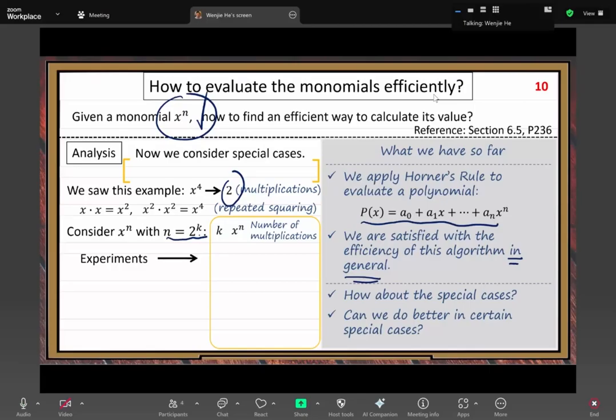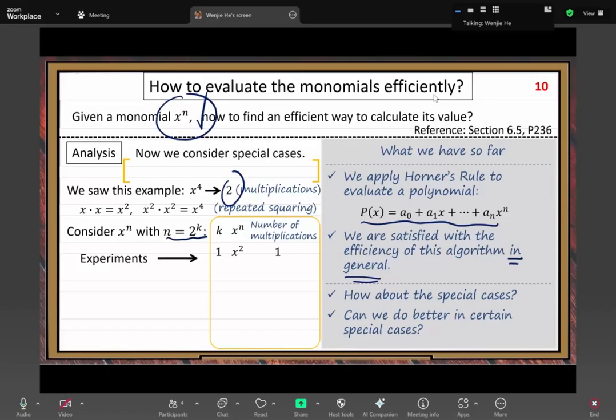When k equals 1, n equals 2 to the k, 2 to the first, so it's x squared. You calculate x squared, so you need 1 multiplication.